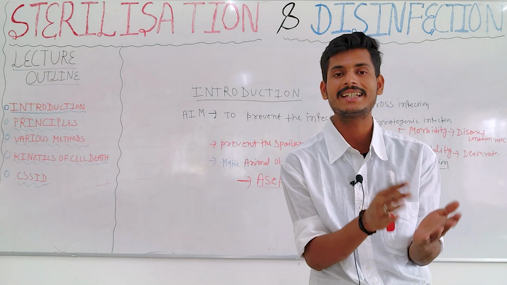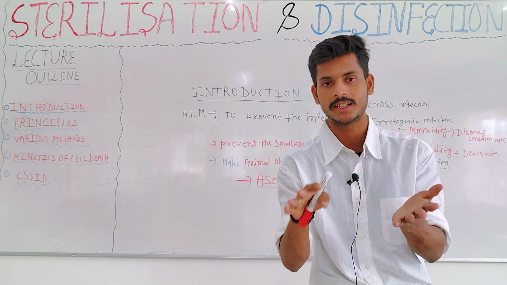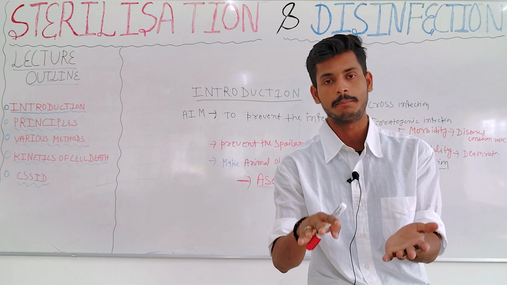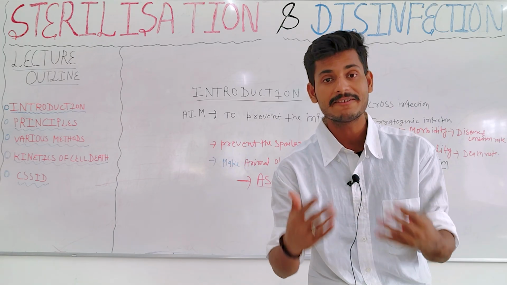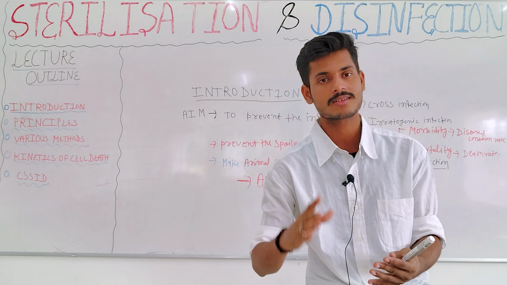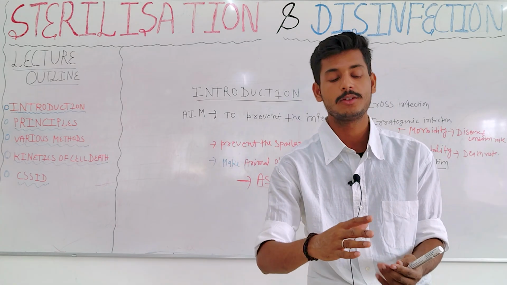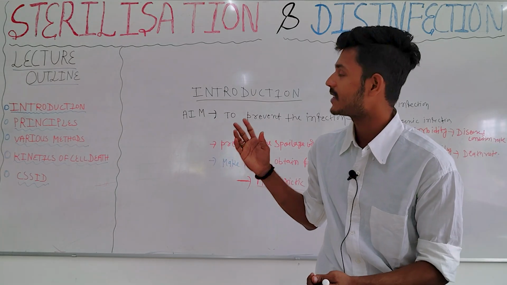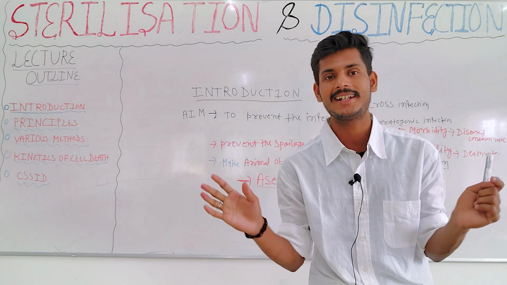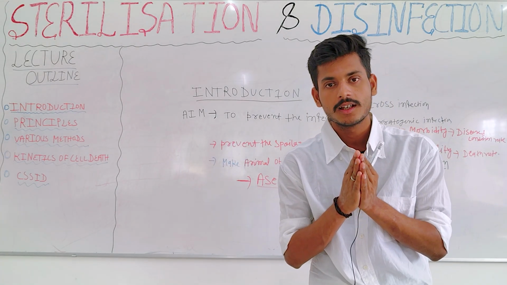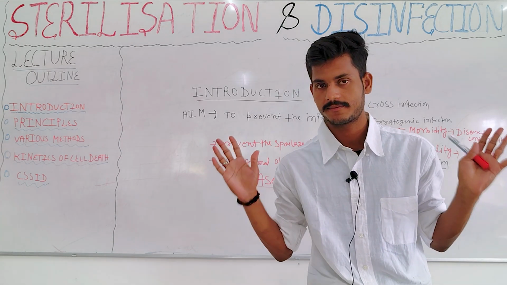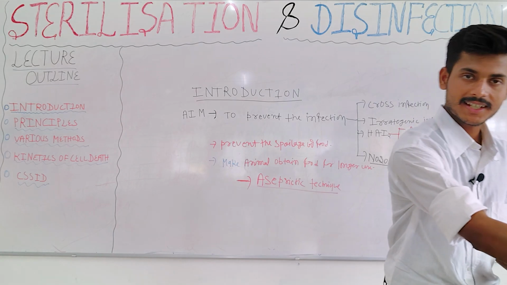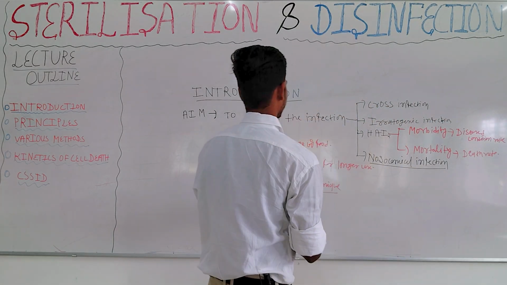Microorganisms are there, but they are in non-pathogenic numbers, meaning their numbers are not significant enough to cause disease or infect another person. But in the case of sterilization, it is a total eradication, total freedom from microorganisms. So now make the heading sterilization, and in the next lecture we will discuss disinfection.